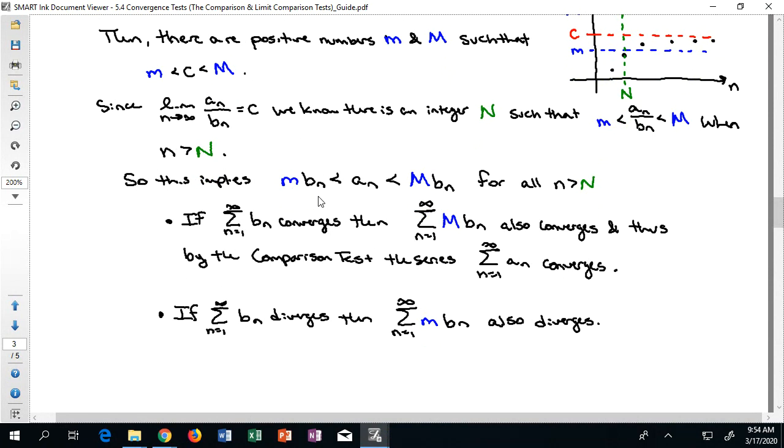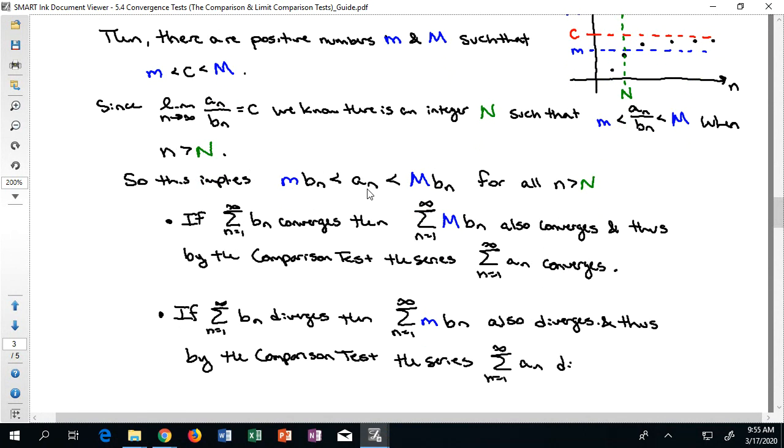But notice if this little m series diverges, you can make a similar argument by the comparison theorem that a sub n has to diverge as well. So therefore, by the comparison test, the series where a sub n diverges.